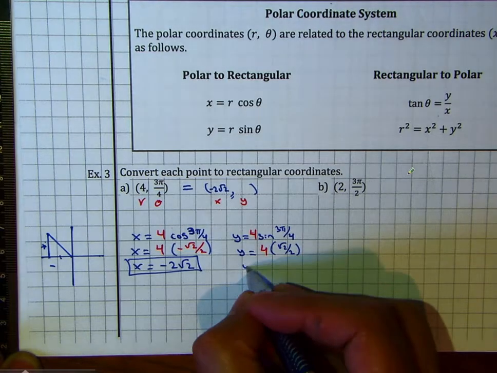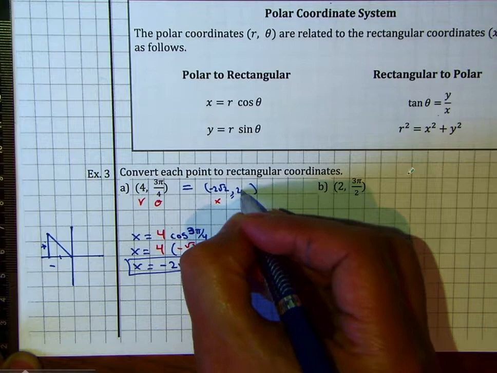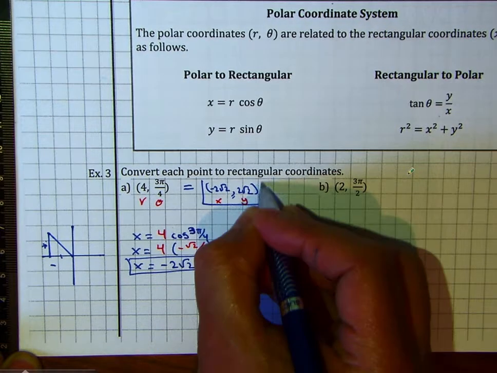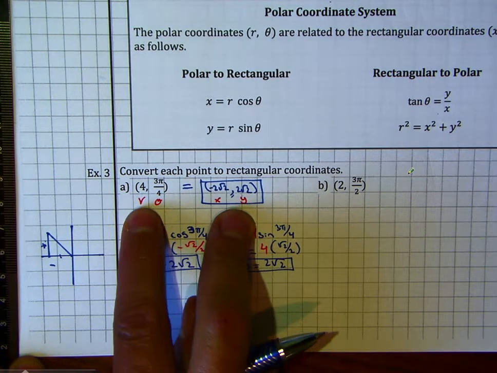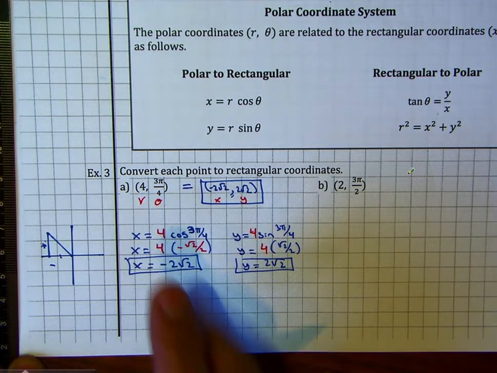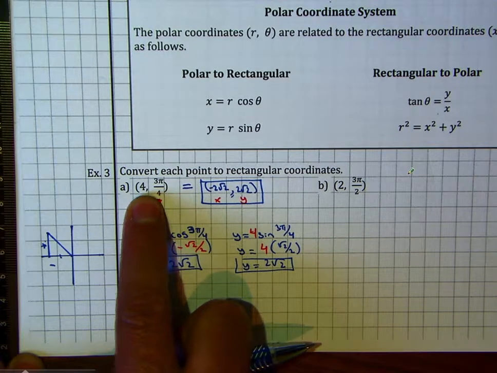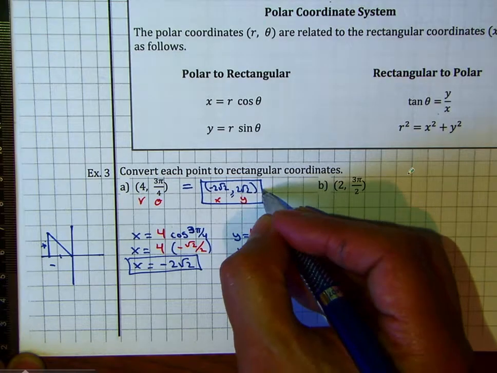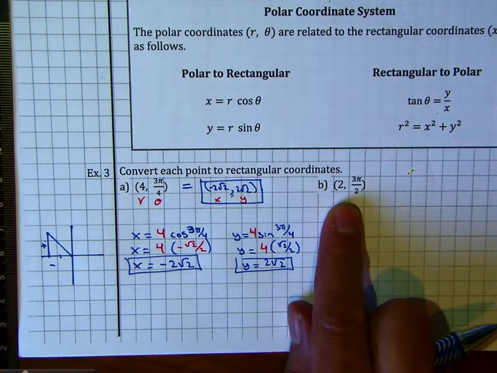So therefore, y value will be 2 square root of 2. So therefore, that is the rectangular form. This is your polar form. And both of them are exactly in the same location. Now, one of the key things that you have to remember is that this is only a point. When we graphed it as a ray, this is the same version as this, where it's only a point. So try letter B and see what you get. And then we can continue.